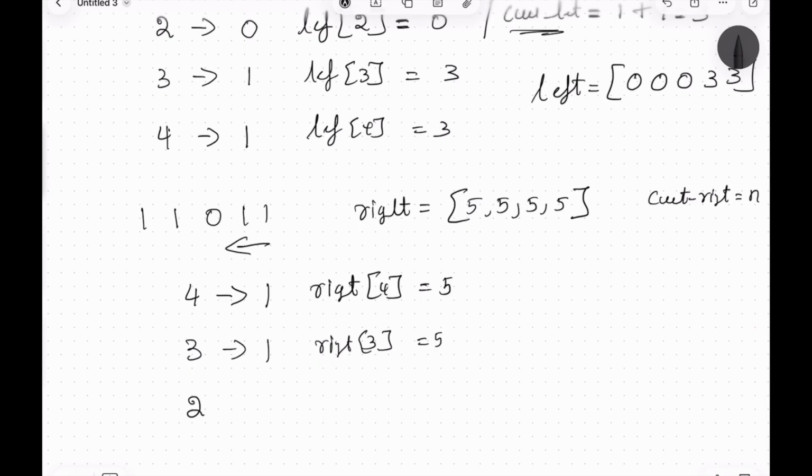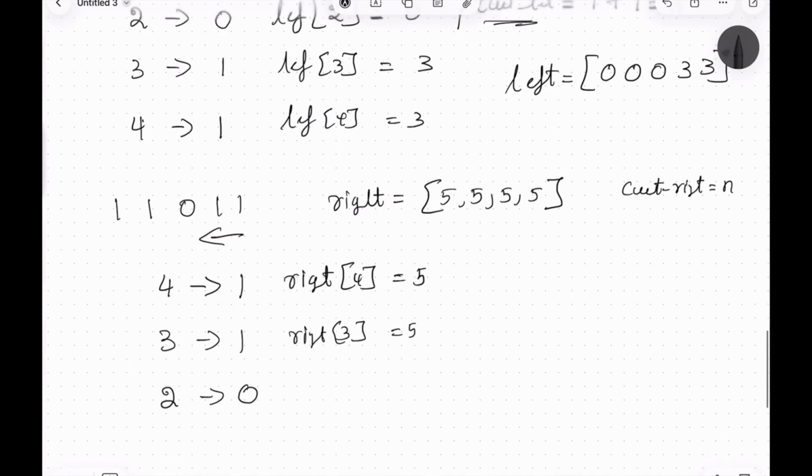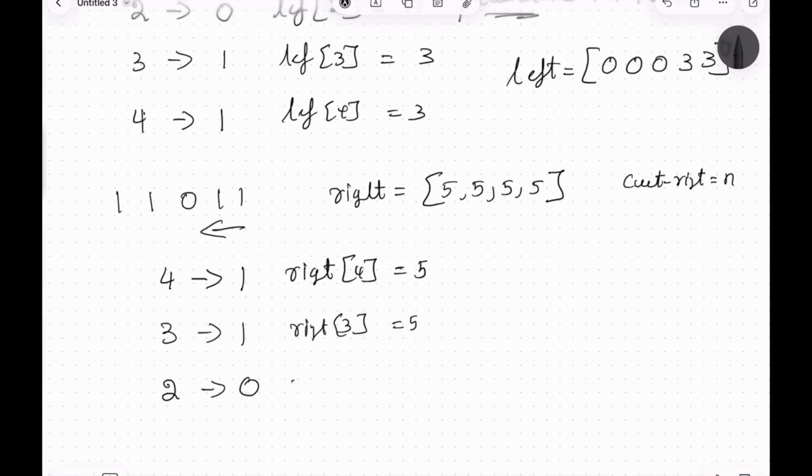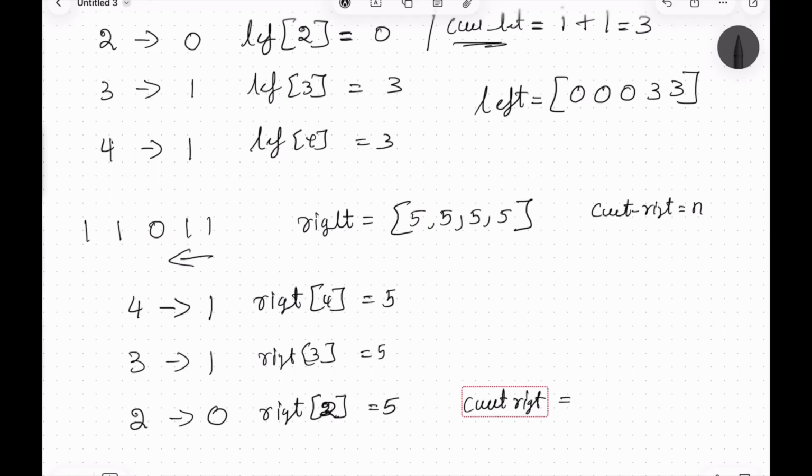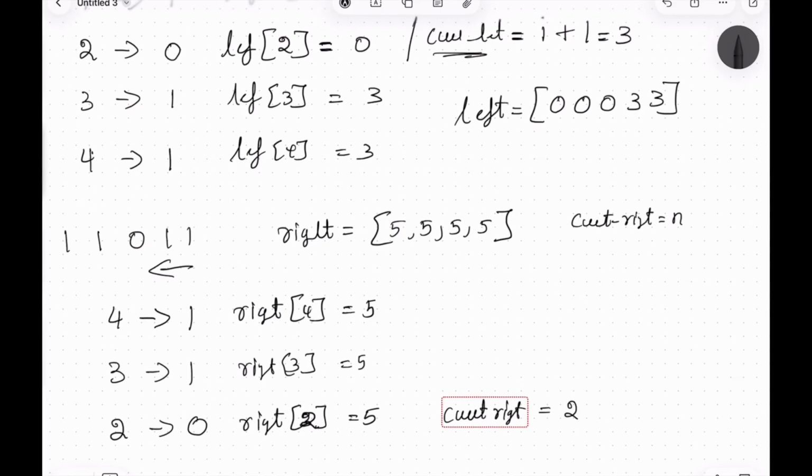And now for index position 2, this is 0, so that is where the rectangle stops, and because of that, this position will be 5 anyway, but the current right will be updated to the current index, which is 2, right?